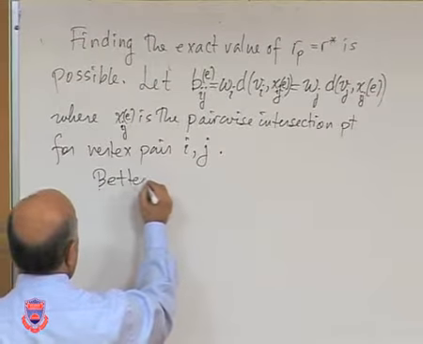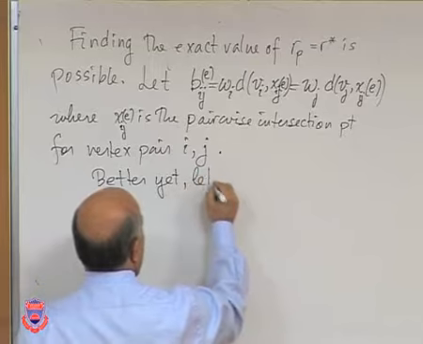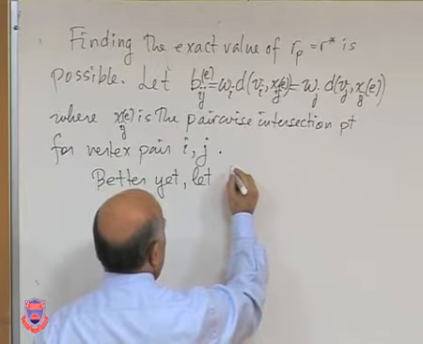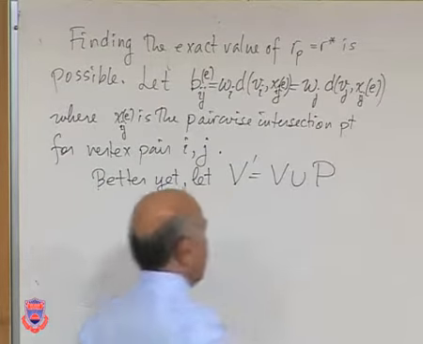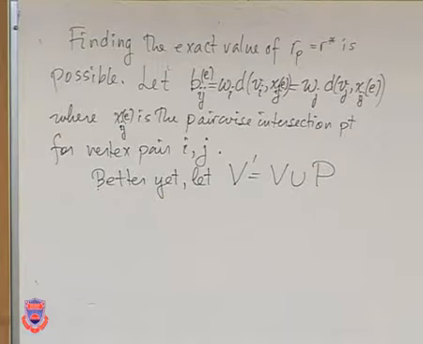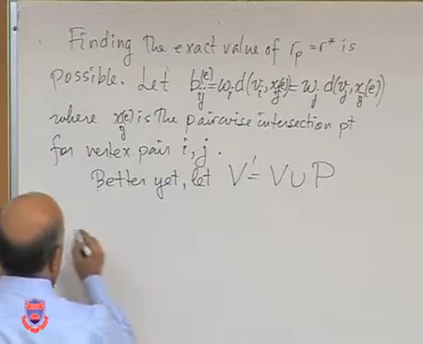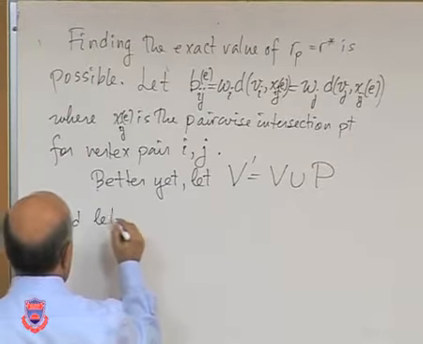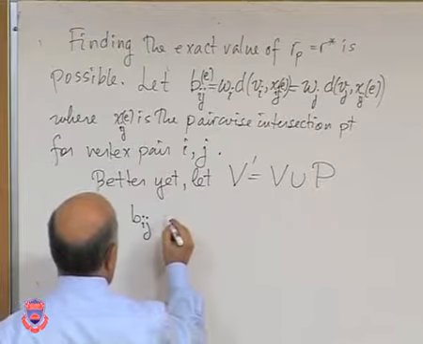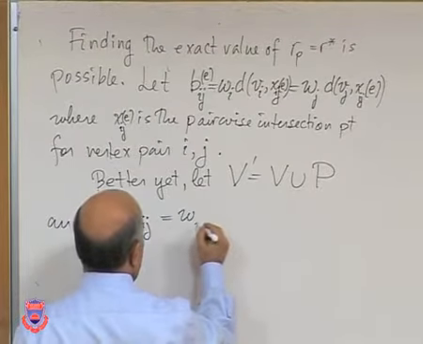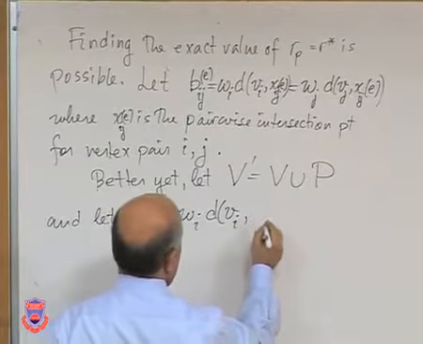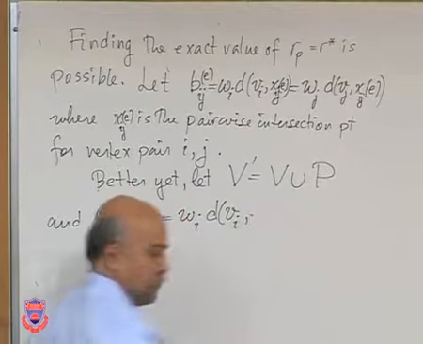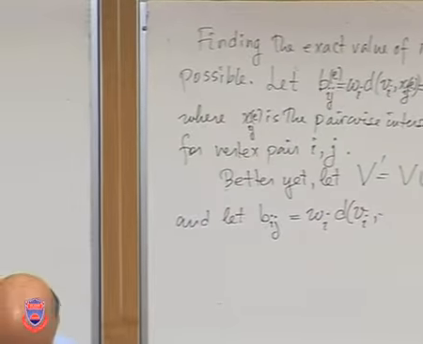So better yet, let V prime be the point set consisting of vertices union P, where P is the set of intersection points. I think that's the notation I used before. And let Bij equal Wi times the distance between vertex i and, say, point, what did I call them?